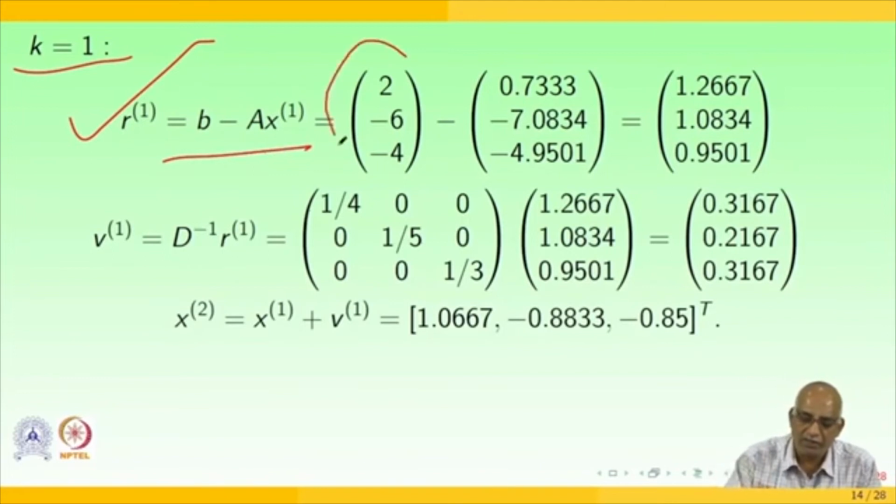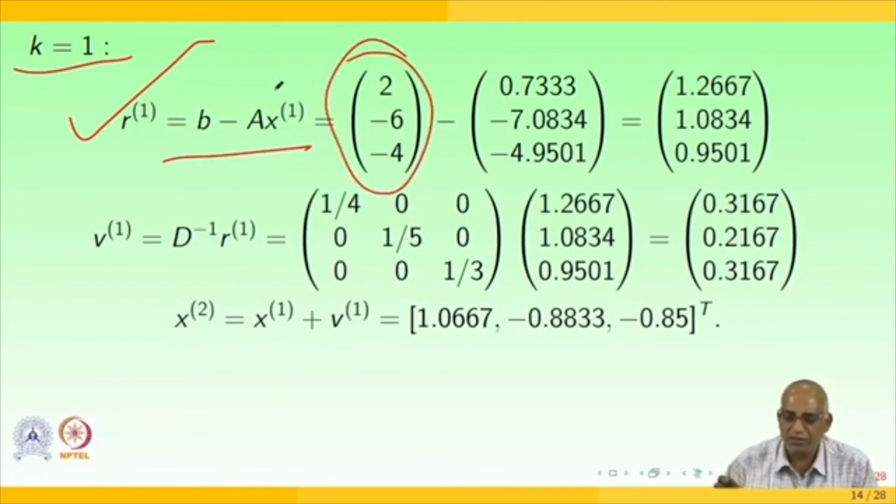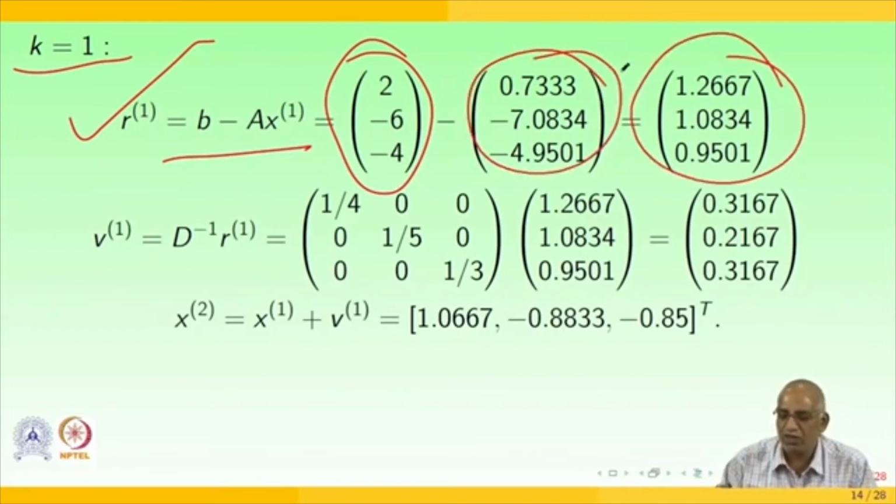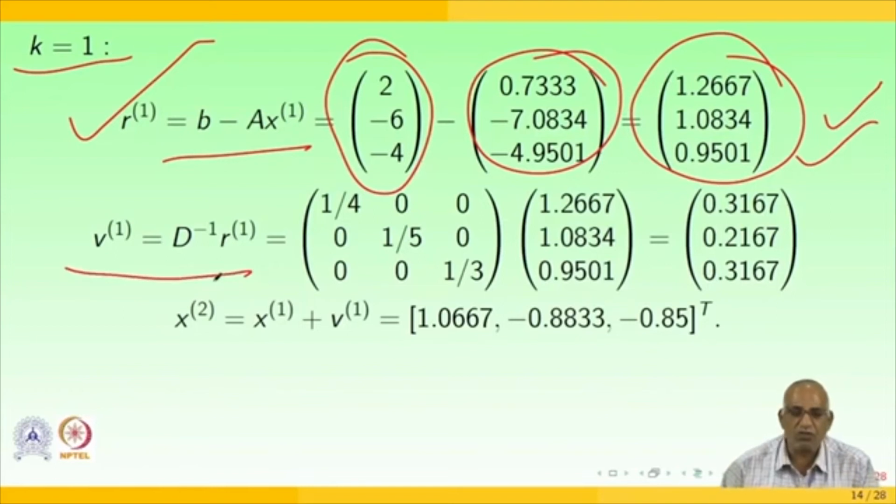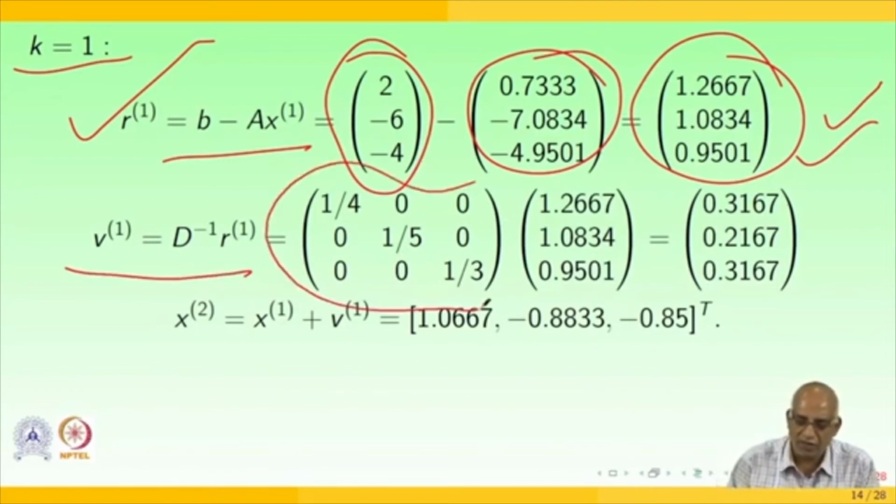So this is the matrix B. This is the matrix A x of 1, so you could arrive at these values 1.2667, 1.0834, 1.9501. And V of 1 is equal to D inverse of R1, so D inverse is this matrix.